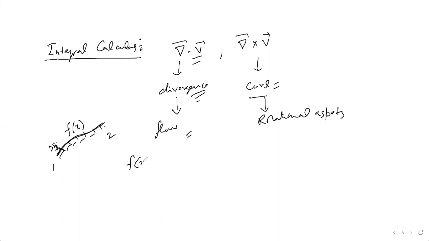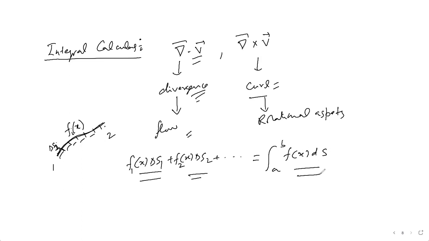So I can always define f(x) delta S1 and f(x) delta S2, or even I would write an index i with this, so that it will be nicer to represent, and so on. So you add all these segments, and then this will be effectively equal to the integral of f(x) ds. I mean, the way you write an integral. So it's basically a limit of a sum, right? Limit of a sum. That's the way your integral is defined.